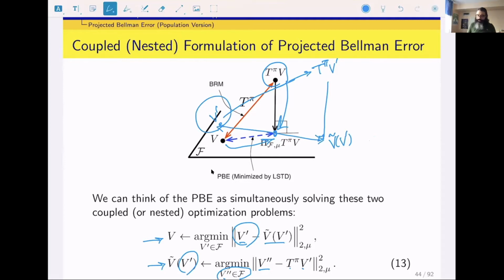This is another way of formulating it and makes the role of projection being an optimization more clear. And in some situations, for example, if the function space is not a linear function space, and the projection does not have a very nice form, which I'm going to show later, then this formulation might be helpful.